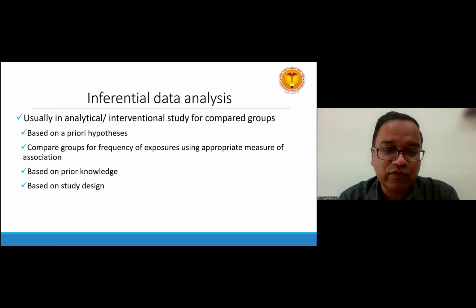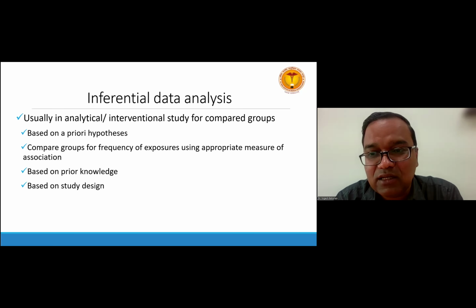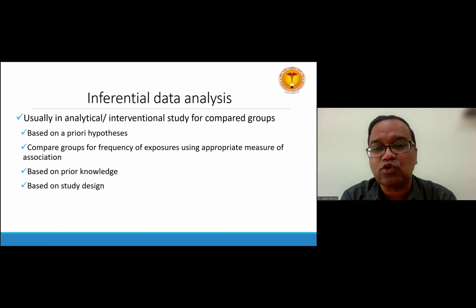So whenever there is a comparison between at least two groups, we would be running inferential statistics. Whenever we do inferential statistics, it is often based on an a priori hypothesis. What do I mean by this? A priori means it is decided before the data collection has started. It is already decided when the protocol was framed. So it is based on an a priori hypothesis that we have to test.